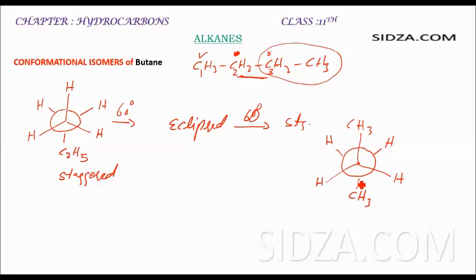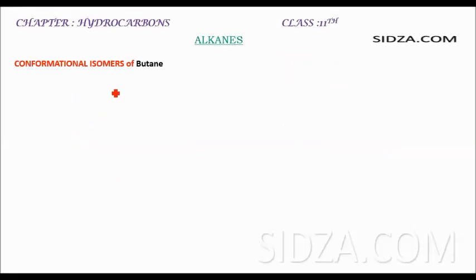Let's try to draw the different conformational isomers of butane around carbon number 2 and carbon number 3. We have the C1 carbon, the C2 carbon, the C3 carbon and the C4 carbon, right? Here we have three hydrogen atoms, here two, here two, and here three hydrogen atoms.